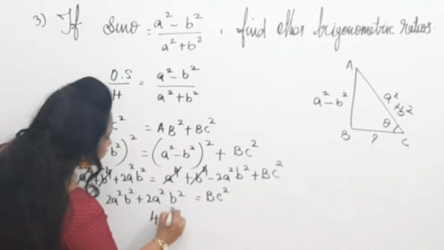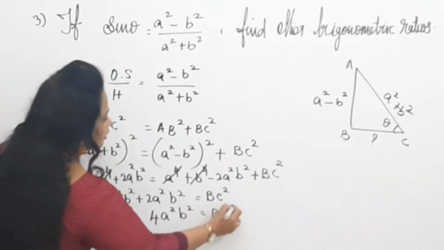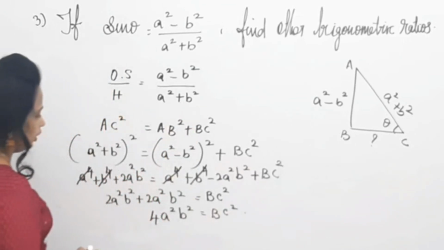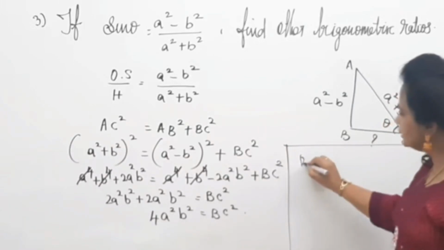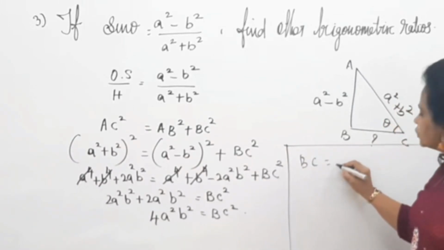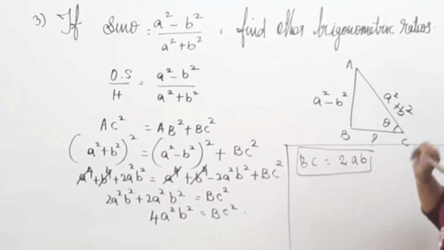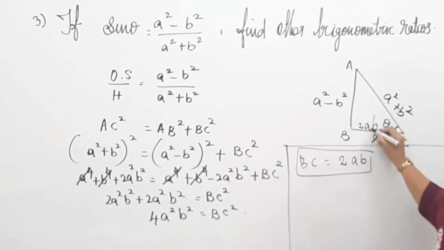So 4a square b square is equal to BC square. So I would have my BC is equal to the square root of 4a square b square, which is equal to 2ab. As simple as that. So I got my BC, which is equal to 2ab.